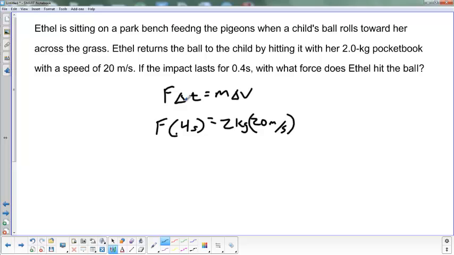It doesn't really say that there's a start and a finishing speed, but we can assume that if it was a pocketbook, it was probably not moving. So we can say the final velocity is 20, and there's your change in velocity. You would divide both sides by 0.4, so that would cancel, and you'd end up with F equals 2 times 20 divided by 0.4, which is 100 newtons.